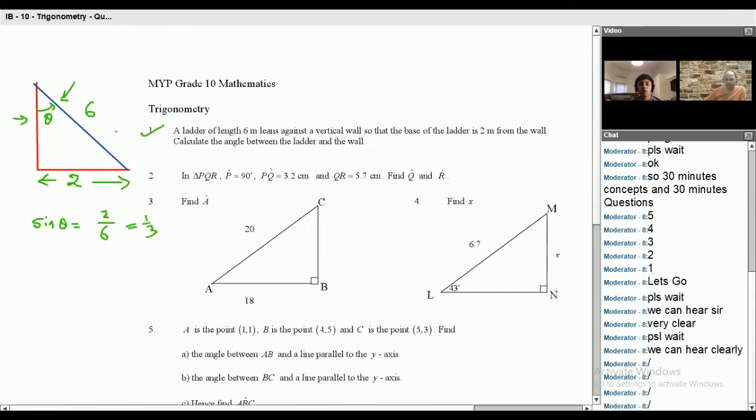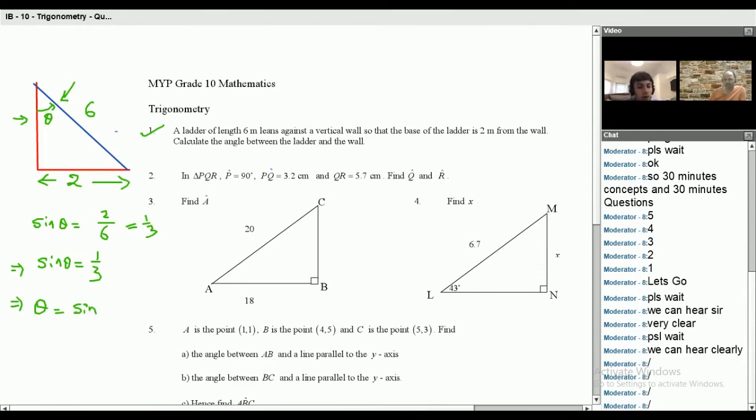Now we have to find the angle theta. How can we do this? First of all, what we need to remember, sine theta is going to be 1/3. So theta will be sine inverse 1/3.